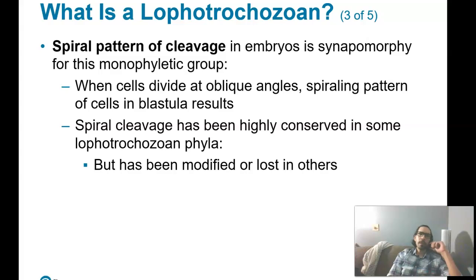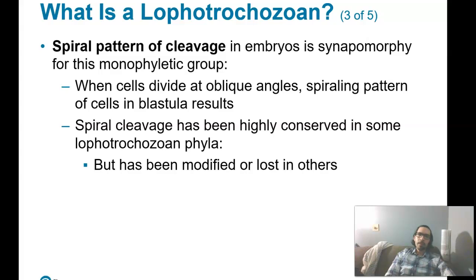Another thing you're going to see in Lophotrochozoans is the spiral cleavage. So spiral cleavage is a synapomorphy for the Lophotrochozoans, which is the monophyletic group. When the cells divide at oblique angles, the spiraling pattern of the cells results in the blastula, right?